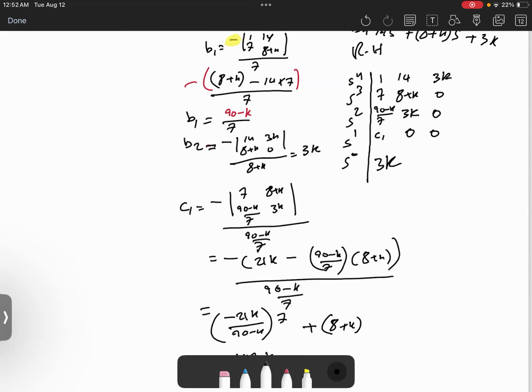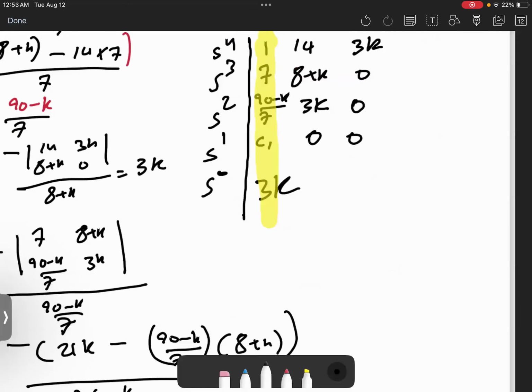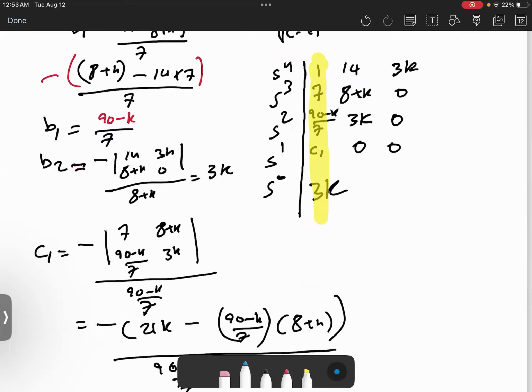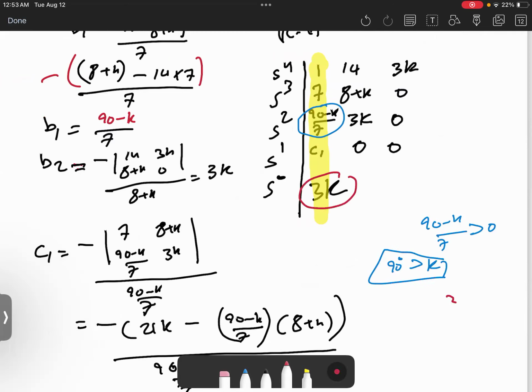Now, in order to make sure the system is stable, let's look at the first column. We need to make sure the first column is larger than 0, or positive. So I will say that 90 minus k divided by 7 must be larger than 0. This yields k is less than 90. That's the first observation. The second observation, when we look at 3k, 3k must be larger than 0, therefore k larger than 0.